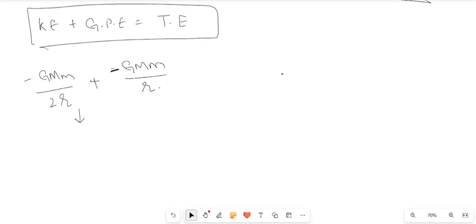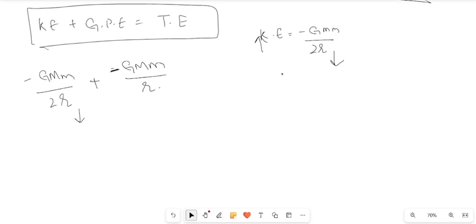Let me tell you a very basic and a very frequent confusion that I faced as a student, and that was the signs. These signs messed up a lot of things. If you were to look at this, minus GMm over 2r, and you would have seen, ignoring the negative sign, that if this decreases, this increases, if this increases, this decreases, because they are inversely related.